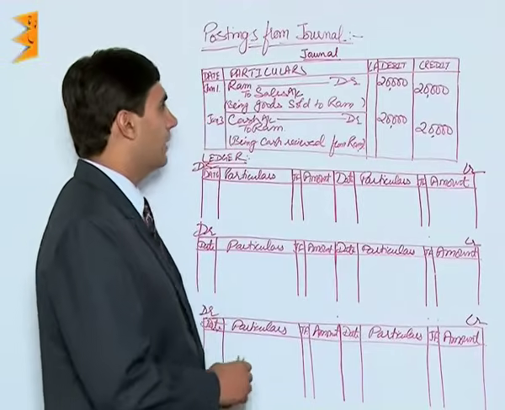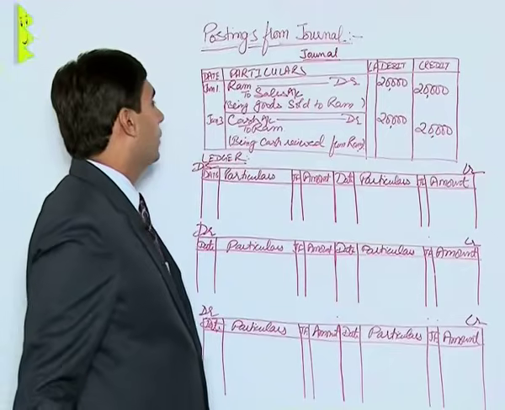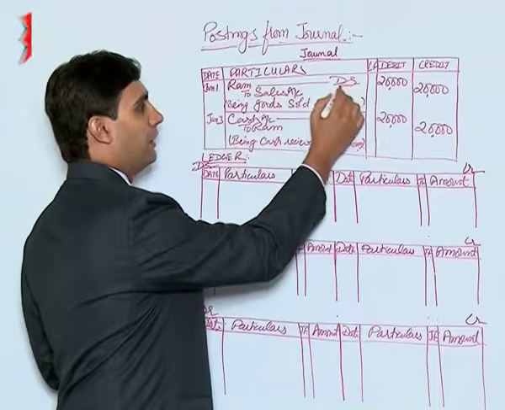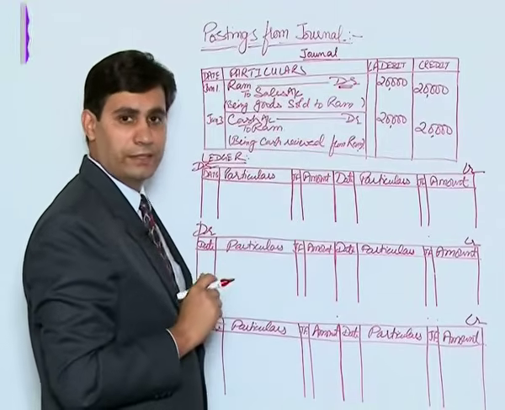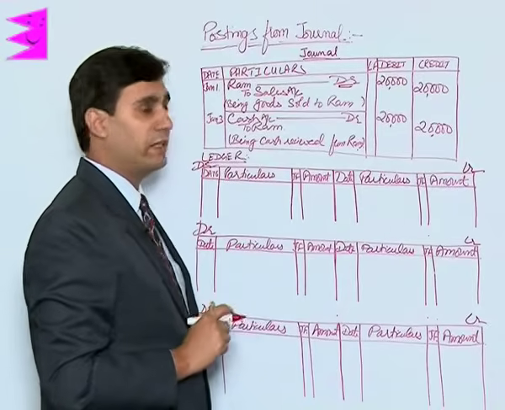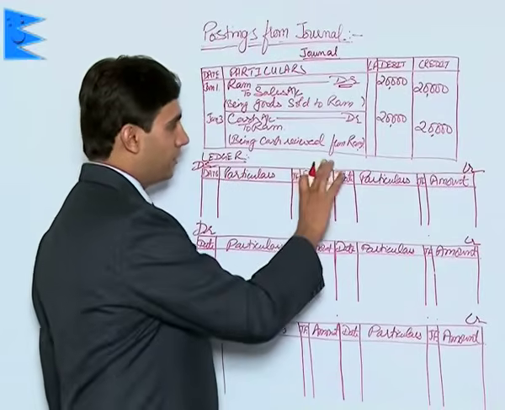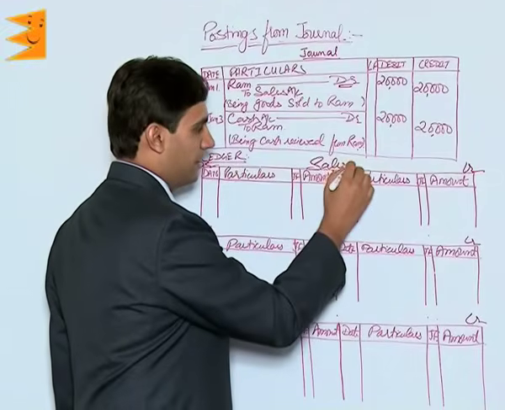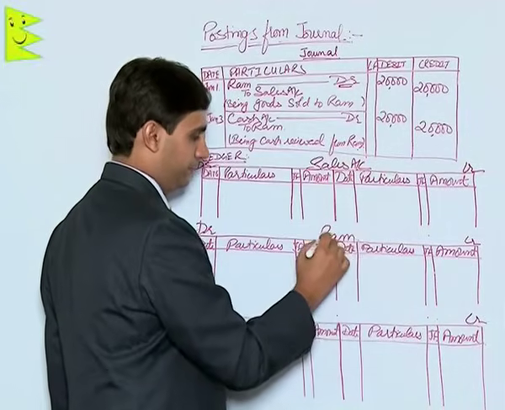In first entry there are two accounts involved, that is RAM and sales. In this entry, RAM account has been debited and sales account has been credited. So the two accounts that are affected are RAM and sales. So let us make two different ledger accounts. The first one being sales account and the second being RAM.